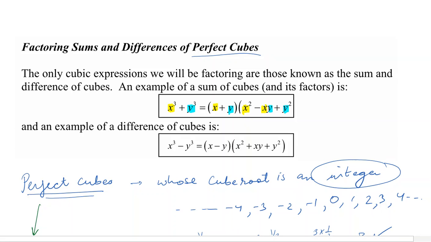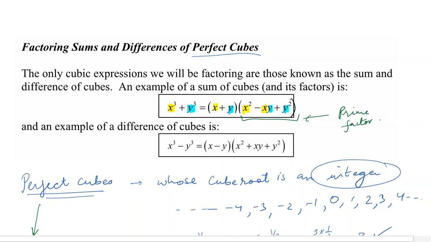We have to have these two factors, and you cannot break them further. Just so that you know, this expression is a prime factor. You cannot factorize it further.